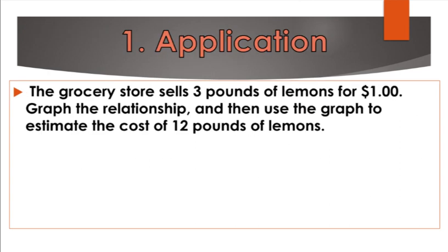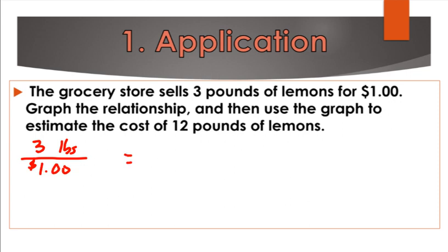Next one, the grocery store sells 3 pounds of lemons for $1. Graph the relationship and then use the graph to estimate the cost of 12 pounds of lemons. For this one, it would be quicker, instead of drawing the graph, we'll use a proportion. So you can do 3 pounds for $1.